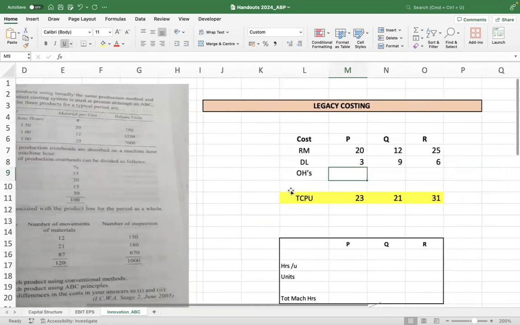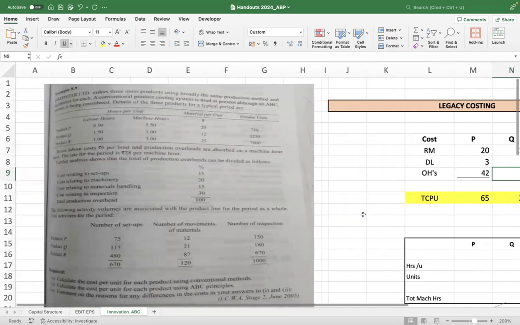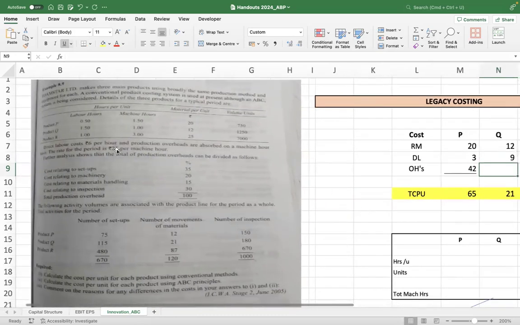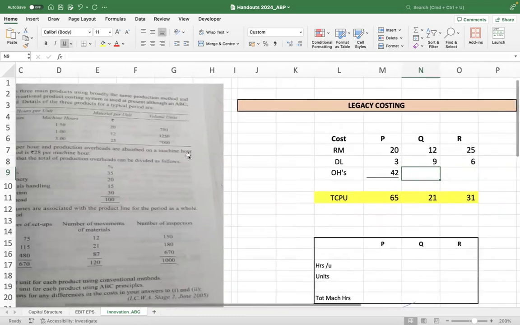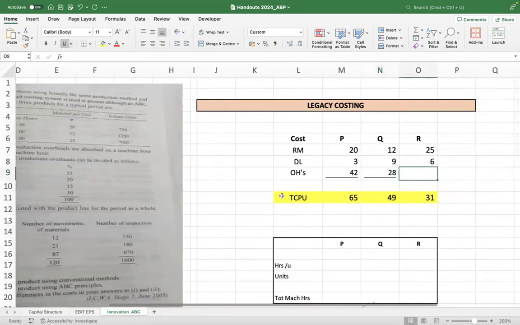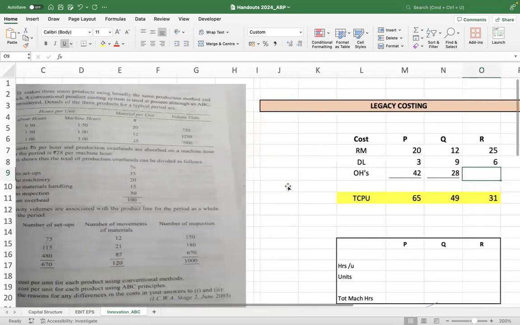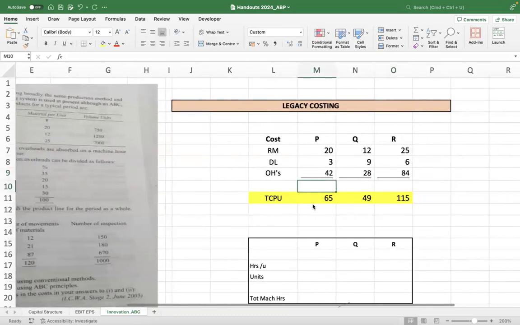So 28 per machine hour into 1.5 machine hours per unit makes it 42 rupees per unit for P. 28 rupees per machine hour into 1 machine hour per unit makes it 28 for Q. And 28 into 3 makes it 84 for R. If you sum up the material, labor, and overhead costs, you will get the total cost per unit to be 65 for P, 49 for Q, and 115 for R.